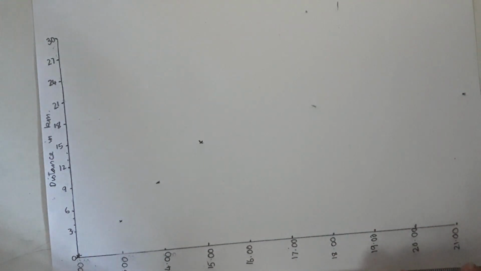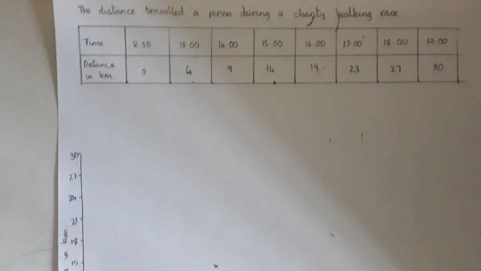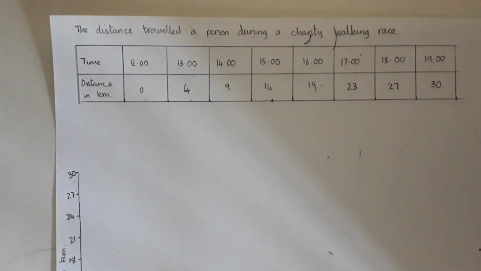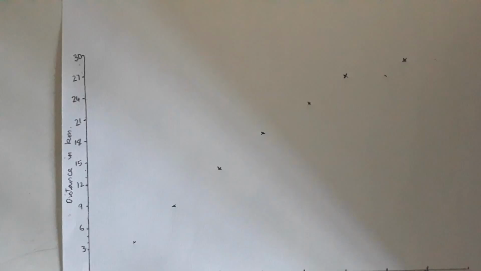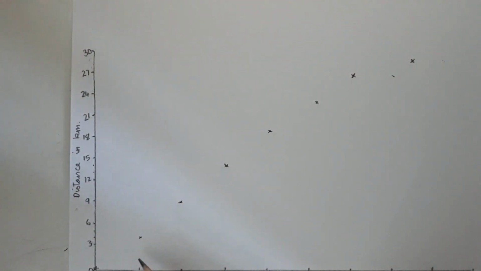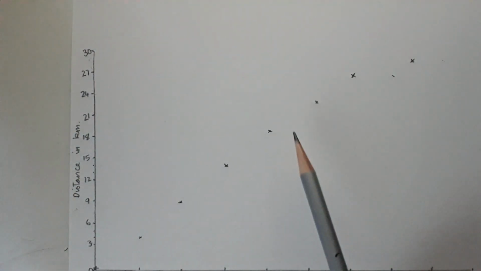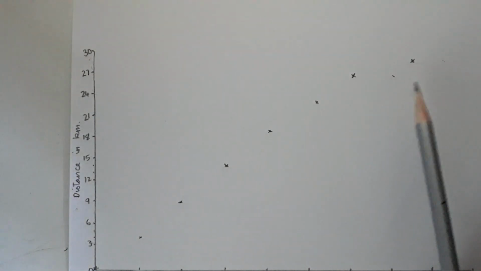Now what I want you to do is to plot the last points from the table. So here is the table, and plot the last points as little crosses, and I'll do the same. Okay, so that's what my little crosses look like going up through my graph.